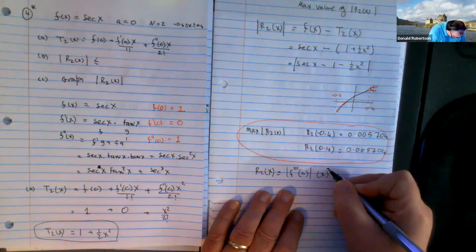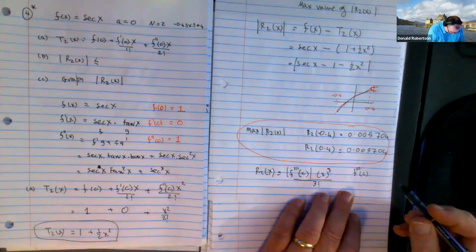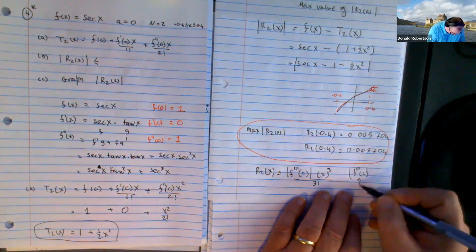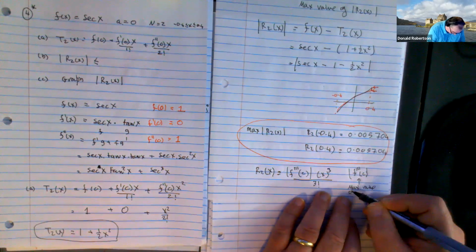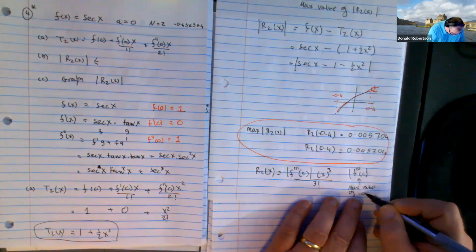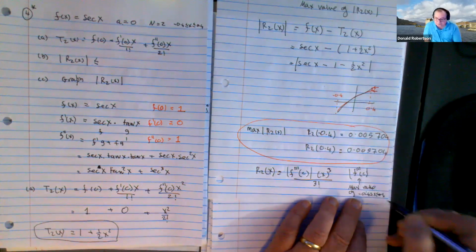And who's this little guy called f triple dash 3? Well, it's obviously the third derivative, and it's the maximum value of the third derivative in the range this fella to this fella.